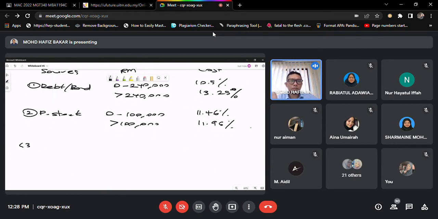Then number 3 will be your common equity. 0 to, okay, look at the first paragraph, totaling 120,000. So 0 to 120,000, the cost will be 12%, and more than 120,000, the cost will be 15%.